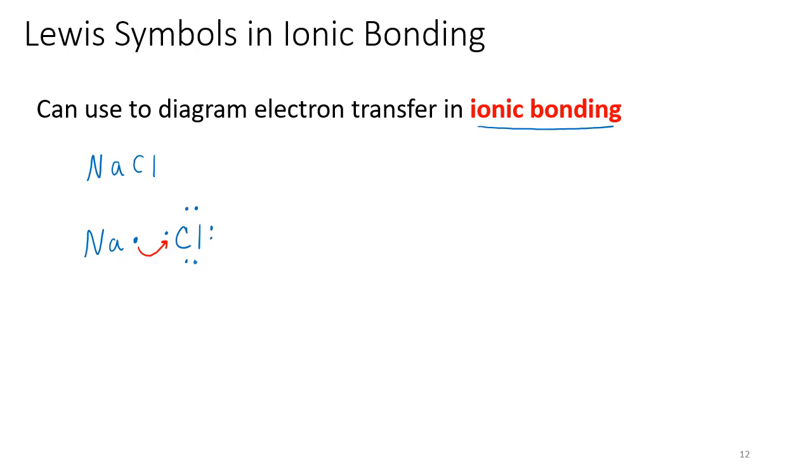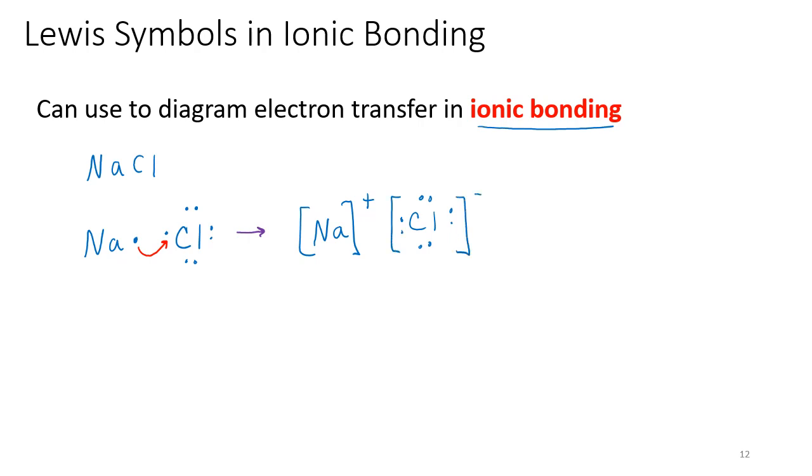When sodium gives up that 1 valence electron, we have sodium that's left with a +1 charge. And when chlorine accepts another electron, we have chlorine that now has 8 electrons around it, which we call the chloride anion.